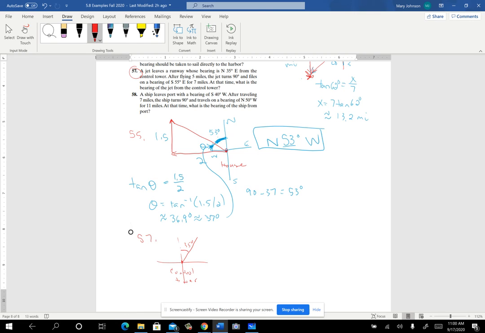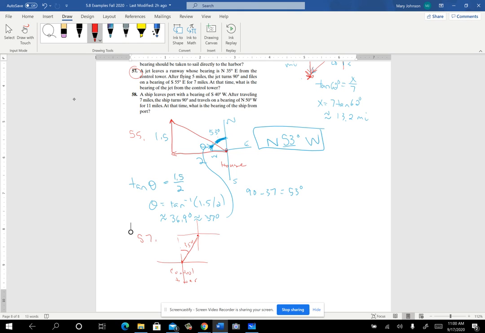Okay, after flying 5 miles, so the thing goes 5 miles, and then he travels on a bearing of south 55 degrees. After flying 5 miles, goes south 55 degrees. So I guess they mean from there.